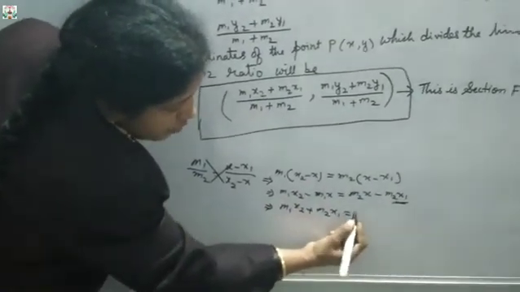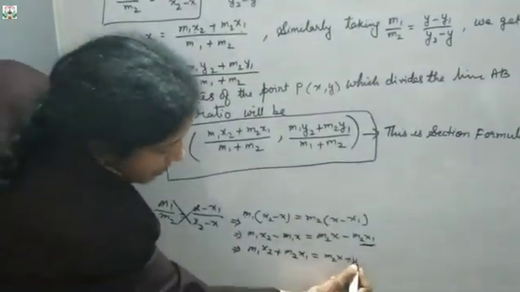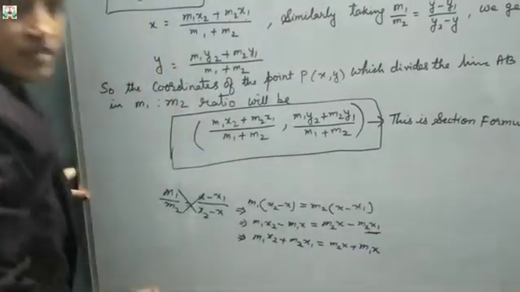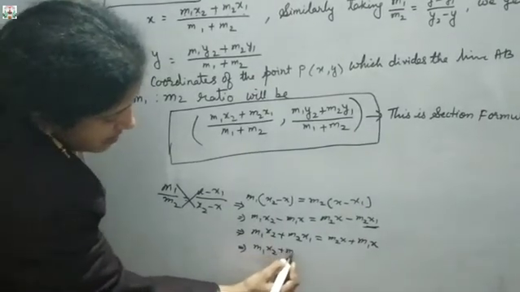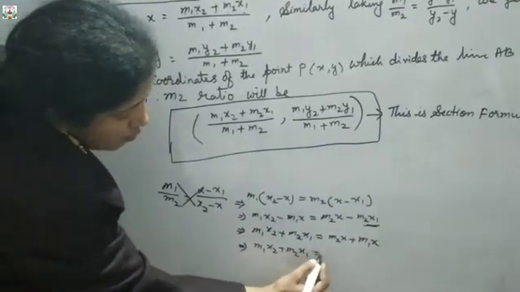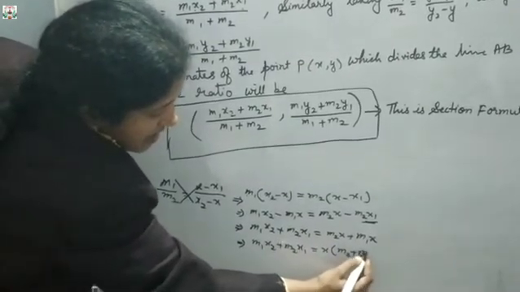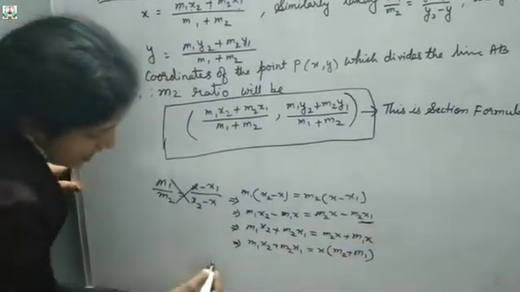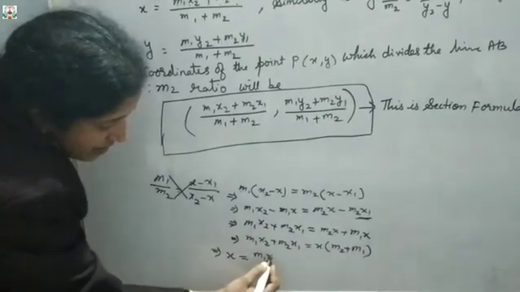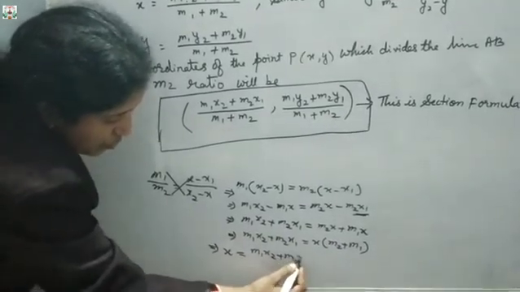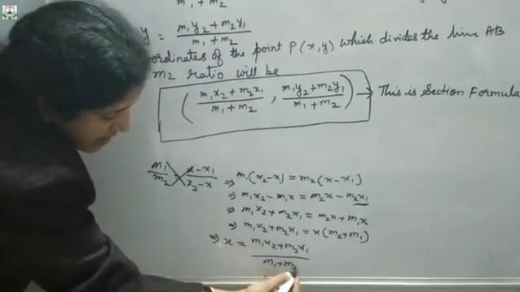Equals m2 x plus, this minus will go to that side and become plus m1 x. Clear? This implies m1 x2 plus m2 x1 equals, here what is common? x is common, take x common, so (m2 plus m1). This implies x equals m1 x2 plus m2 x1 upon m1 plus m2.